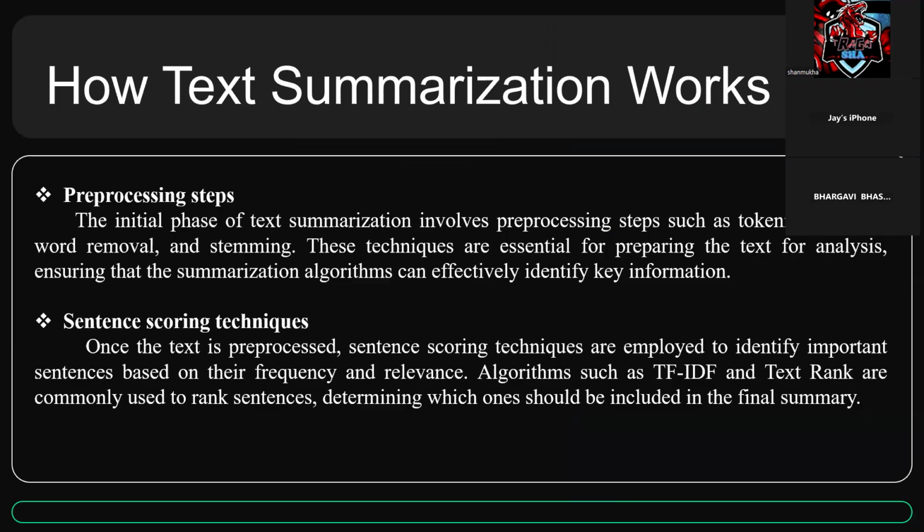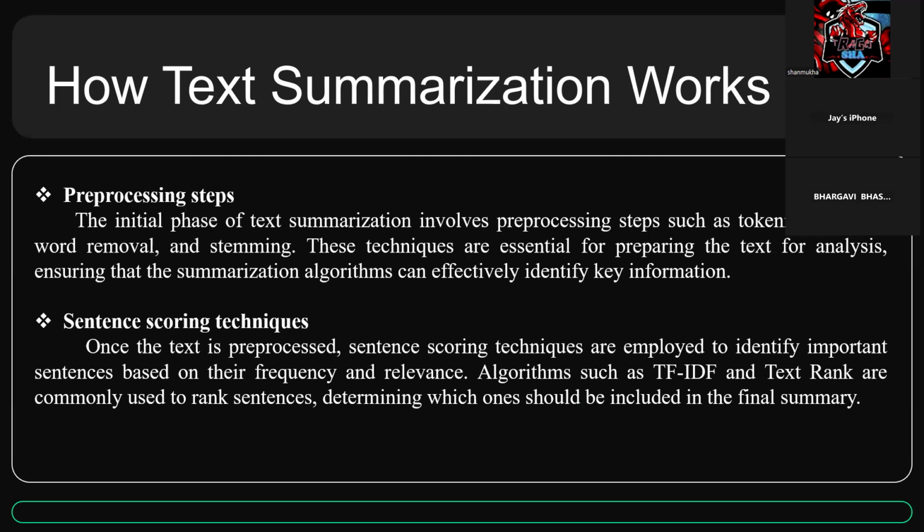In the initial phase, text summarization involves pre-processing steps like stop word removal and stemming. These techniques are essential for pre-processing, ensuring the summarization algorithms can effectively identify key information. For the sentence scoring technique, once the text is pre-processed, sentences are scored based on their frequency and relevance. Algorithms are commonly used to rank the sentences and determine which ones should be included.